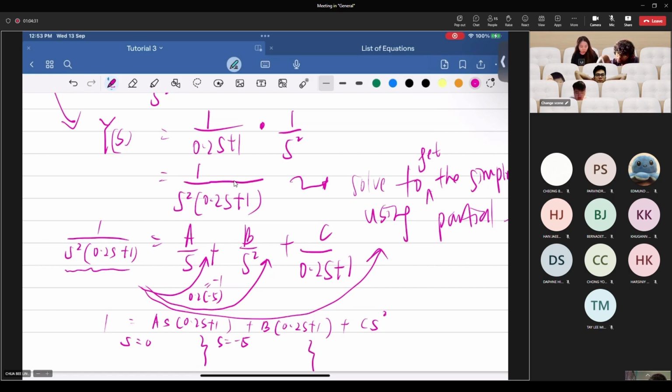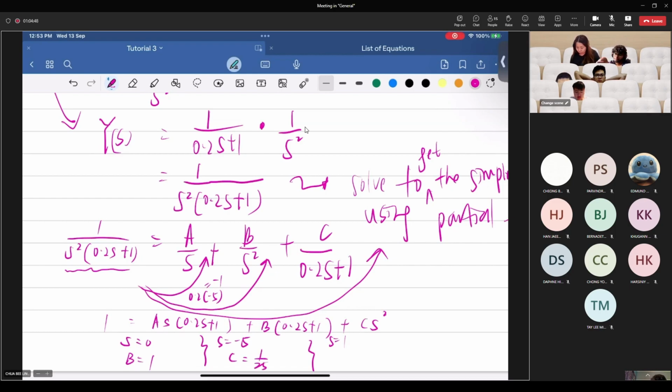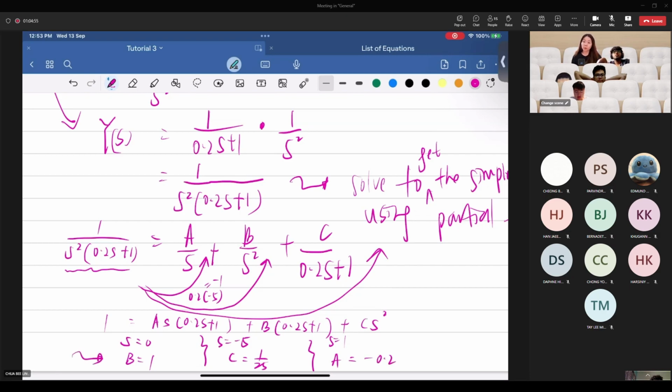The other one, just put s equals 1. It can be any value, but the easiest is always to make the term become 0. When you substitute all of these in, you will get B equals 1, C equals 1 over 25, and A equals -0.2. So you copy the answer first; later you have the full solution using partial fraction.